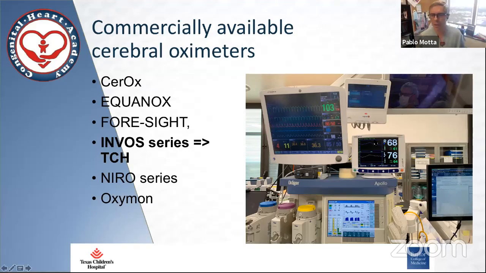As you can see, as part of our monitoring in the operating room, we have the hemodynamic monitoring, the ventilator, and the NIRS as part of our setup, all being fed to the electronic medical record. So we do monitor NIRS in the ICU, all through the surgery, and also in cath lab interventions.